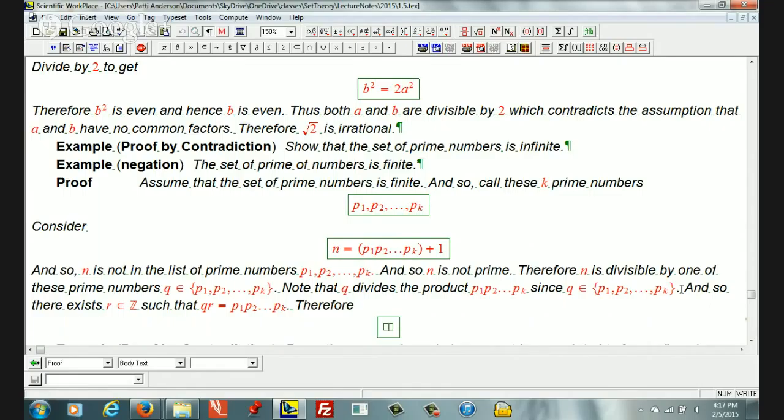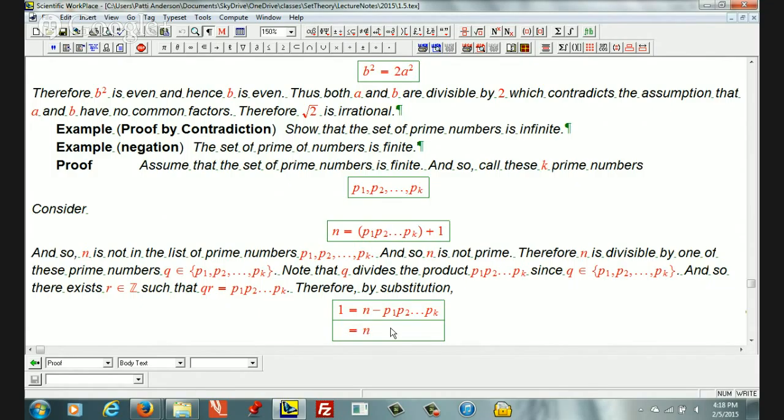Now, what we're going to do is look at N minus this product. If I subtract that product from the N, I'm going to be left with 1, right? I have 1 is equal to N minus P1, P2, ..., PK.